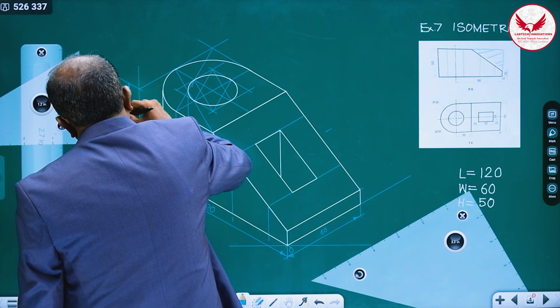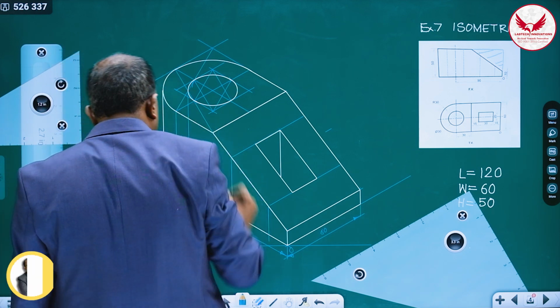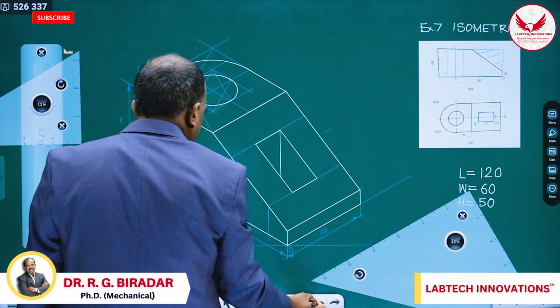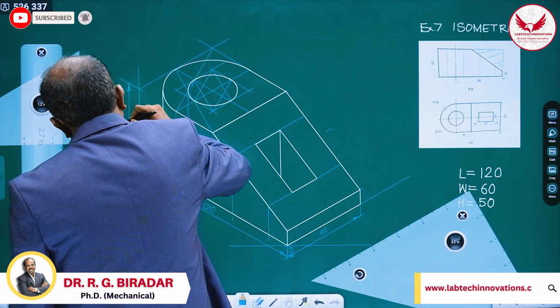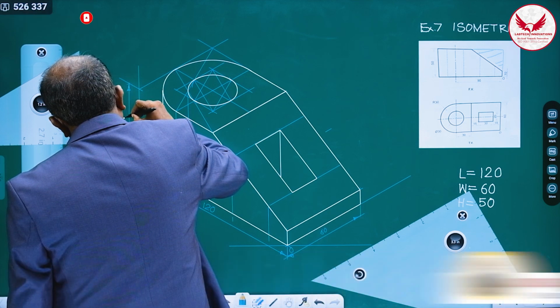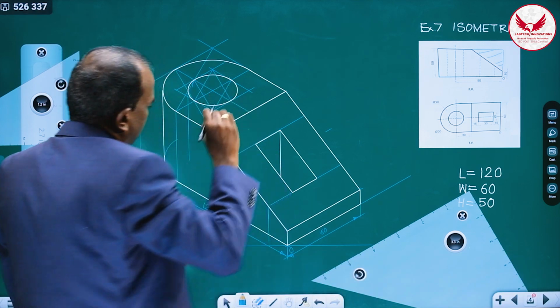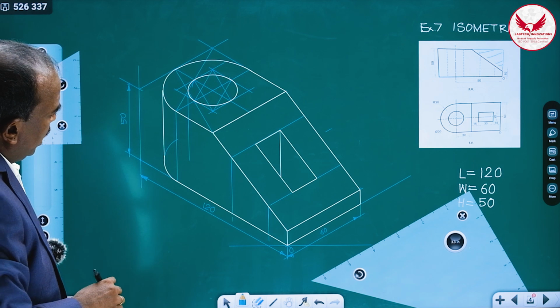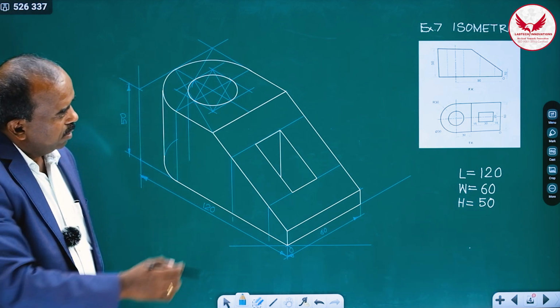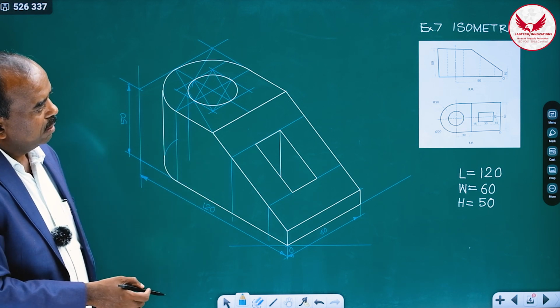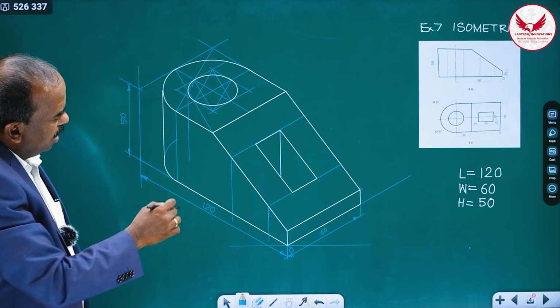So it is 50. Overall height is 50. So these are the 3 dimensions, and the isometric view of the given object is like this.